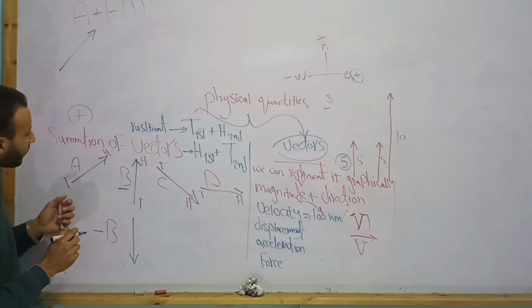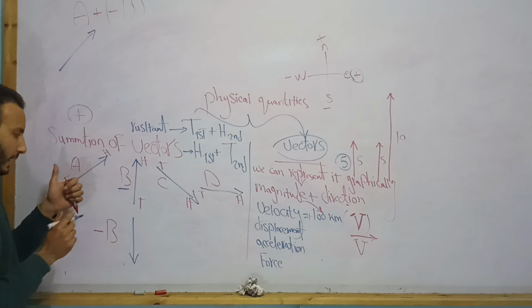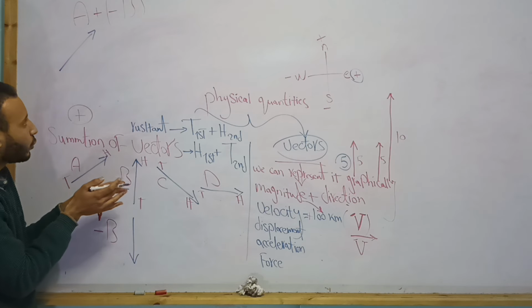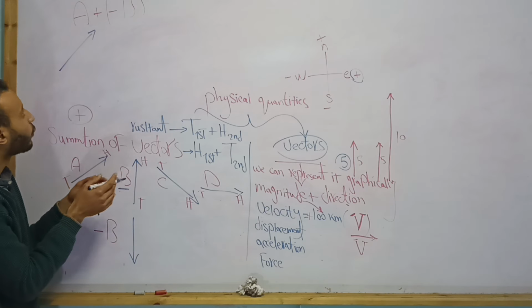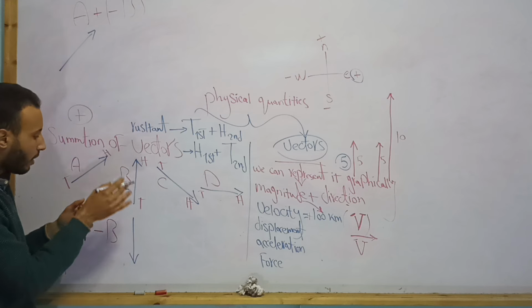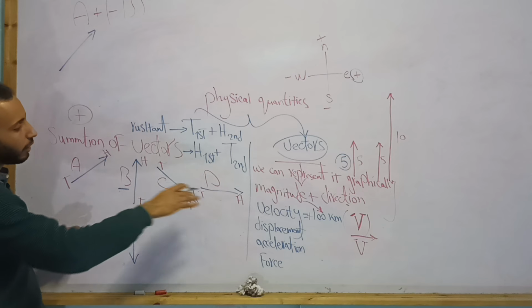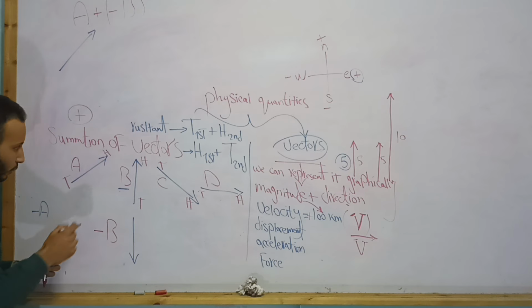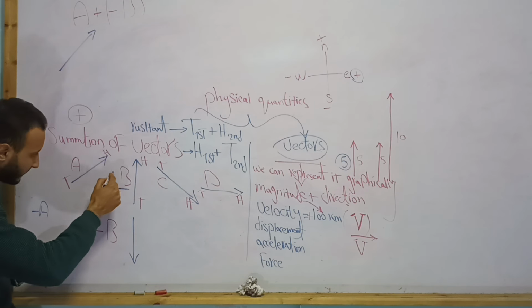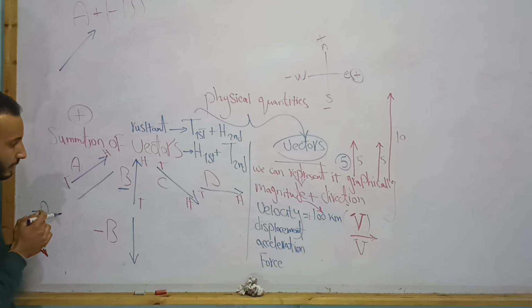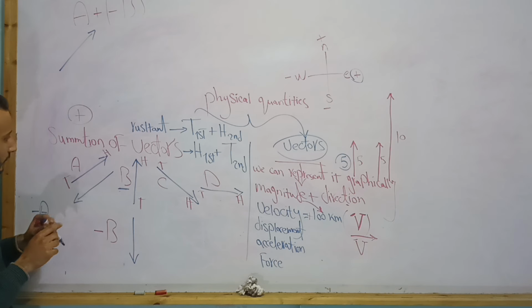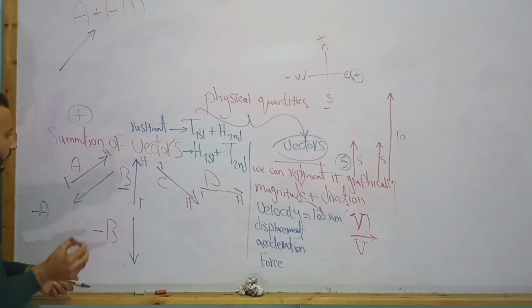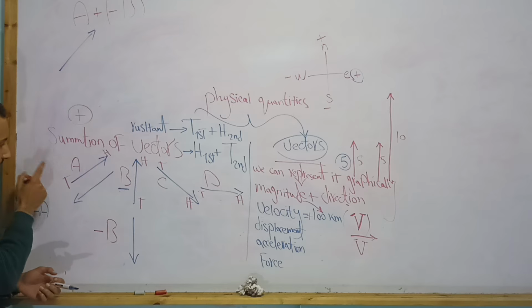Okay, so let's get the negative A. I know that we are not gonna use it right now, but let's get the opposite of all of these vectors. So negative A is the same as A, parallel lines but in the opposite direction. Because sometimes I saw some students making the negative A like this.